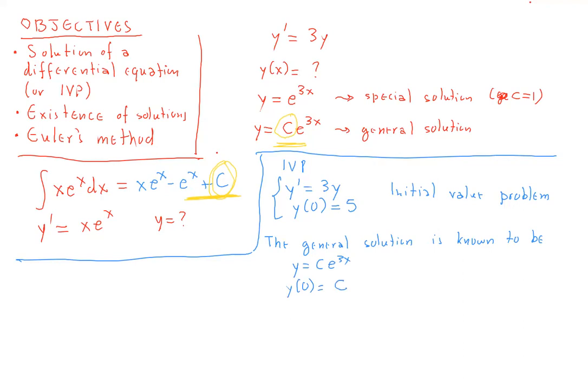And on the other hand, we want this y of 0 to also be 5. So that implies that c has to be 5. And the solution, hence, of the initial value problem is y is equal to 5e to the 3x.